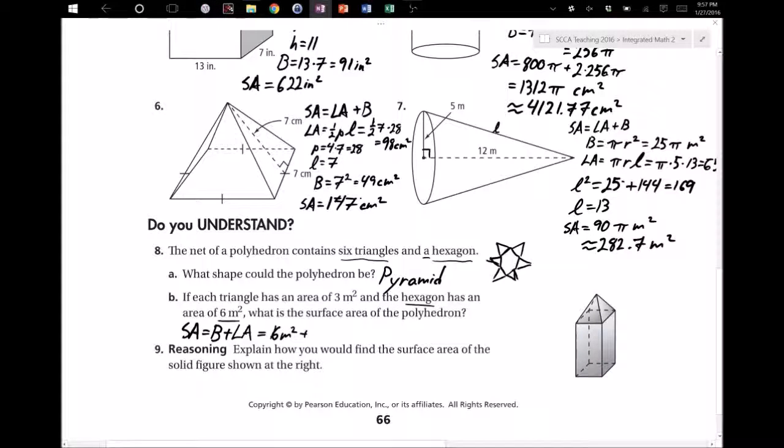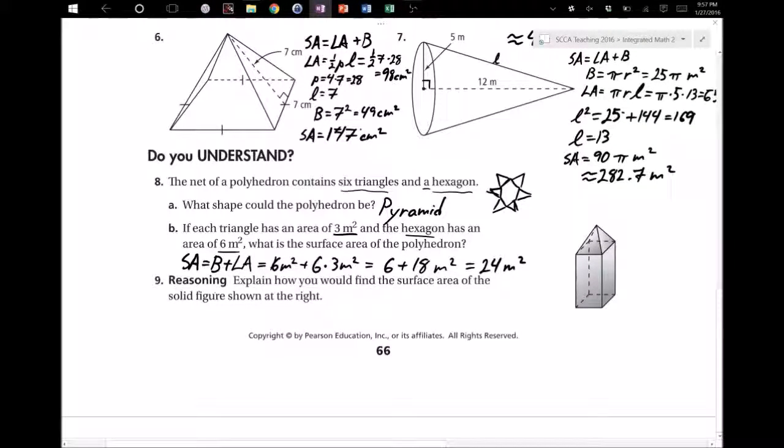And I had 6 triangles of 3 meters squared each. 6 plus 6 times 3. That is 6 plus 18 meters squared. What is that? That is 24 meters squared.